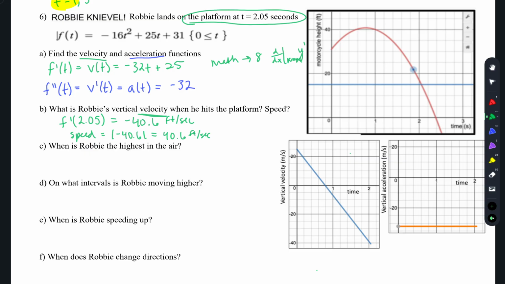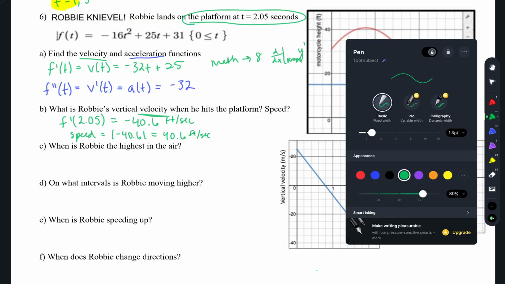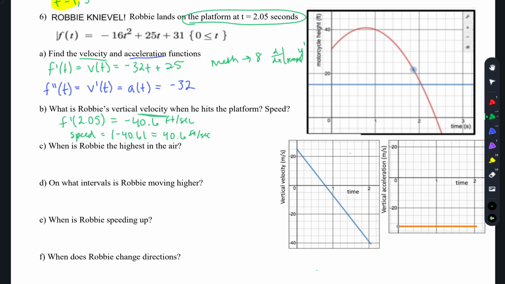So the time that Robbie is highest in the air is when the f prime of t equals 0 and f of t changes from increasing to decreasing.